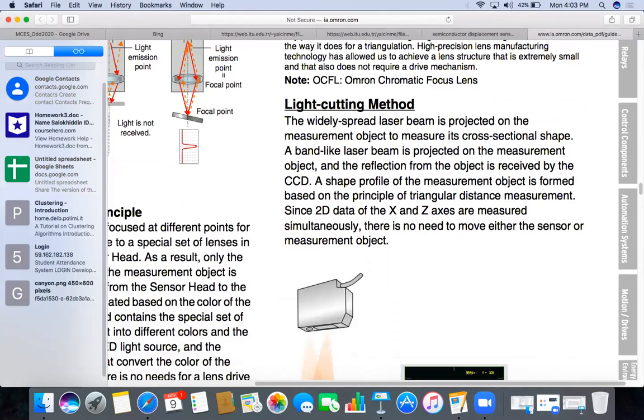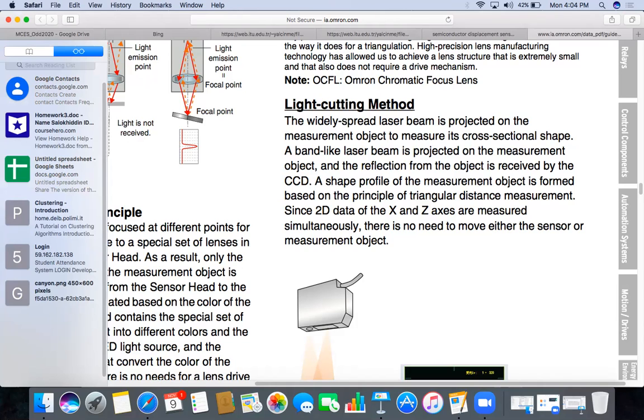Light cutting method. The light cutting method is widely used. A laser beam is projected on the measurement object to measure its cross-sectional shape. A band-like laser beam is projected on the measurement object and the reflection from the object is received by CCD.